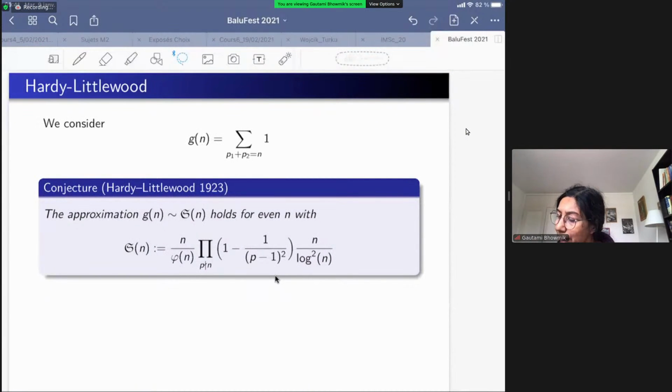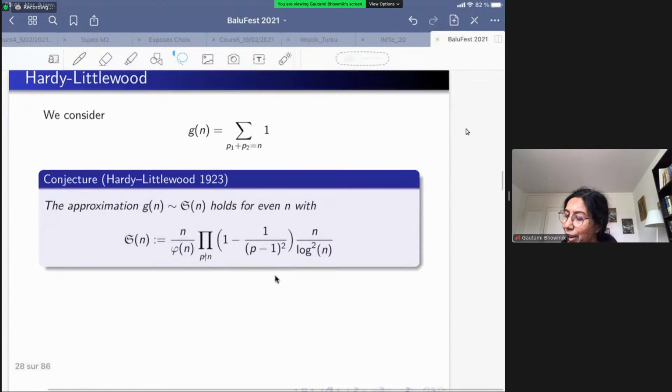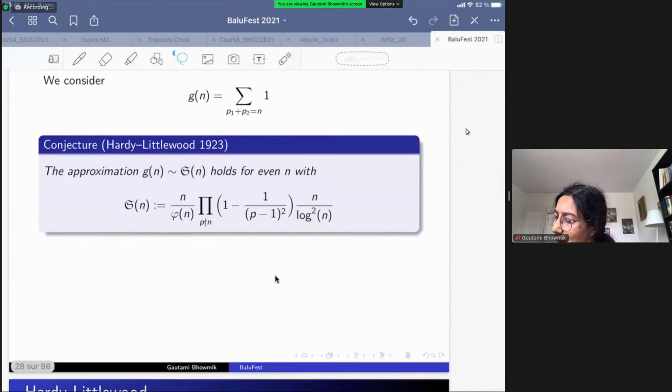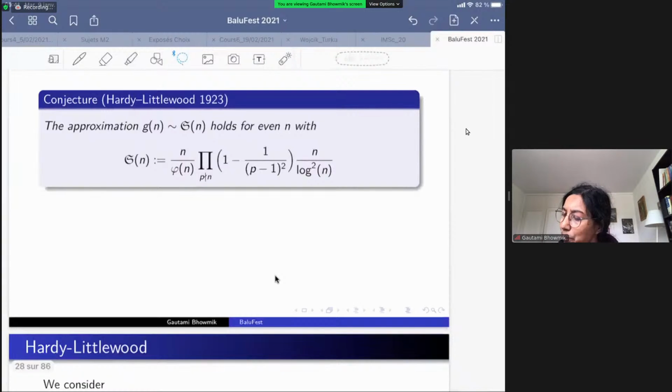It says that g(n) can be very nicely approximated by a singular series, given as the product over all primes that do not divide n of (1 minus 1/(p minus 1) squared), times n/log squared n, and you have an n/φ(n), and this should be a good approximation.